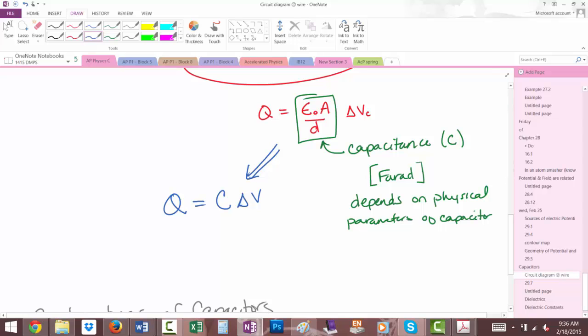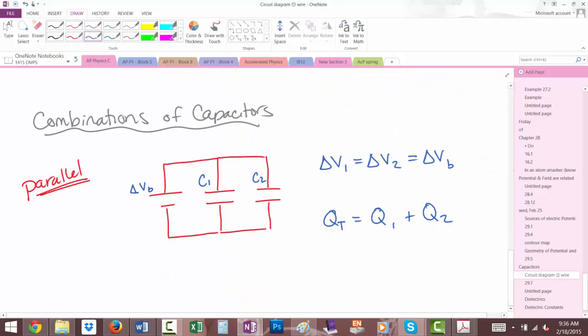Yes. Okay. So then the next statement that I made was, if I just have this one, I can figure out how much charge is on that capacitor. Same thing.